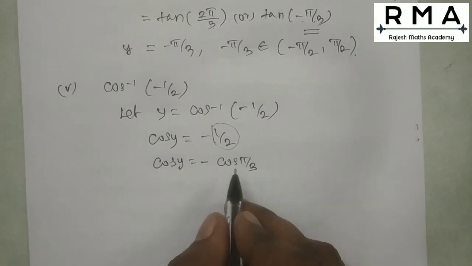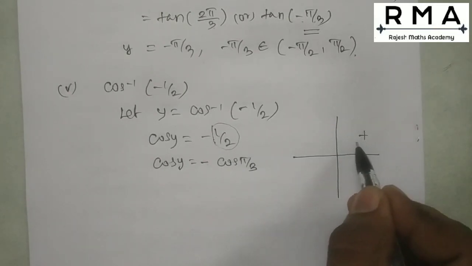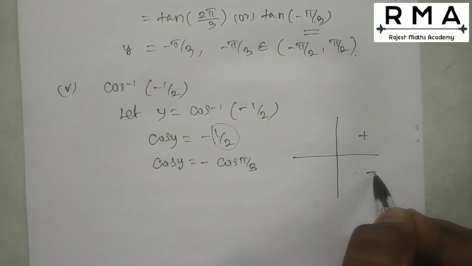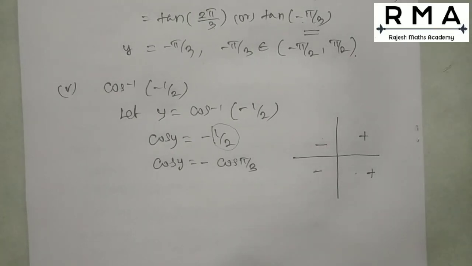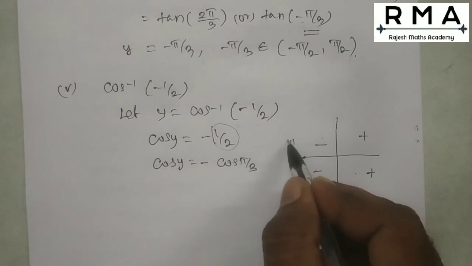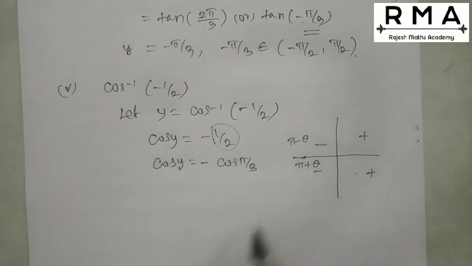Clear? So now when will cos take negative? First quadrant positive, all silver teacup. So fourth quadrant positive, second and third quadrants it is negative. So second quadrant will be mentioned as pi minus theta, third quadrant will be written as pi plus theta.